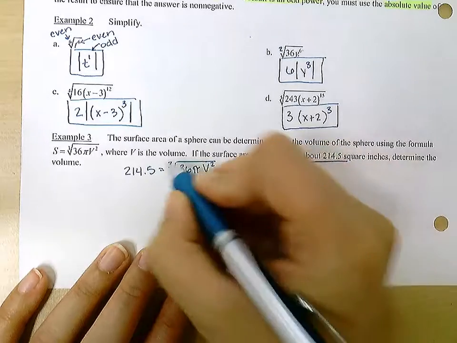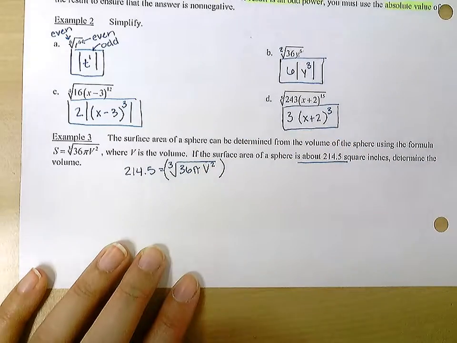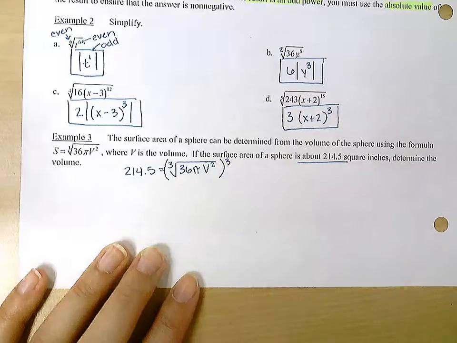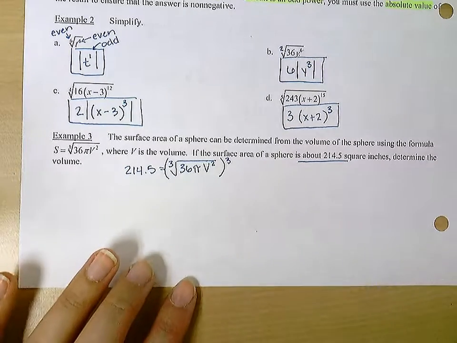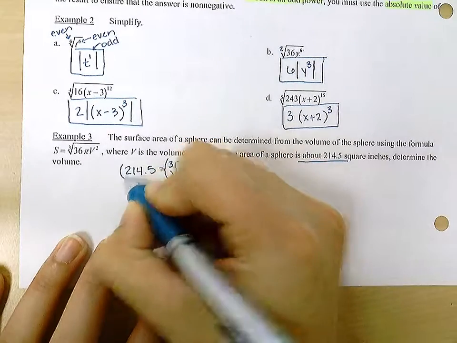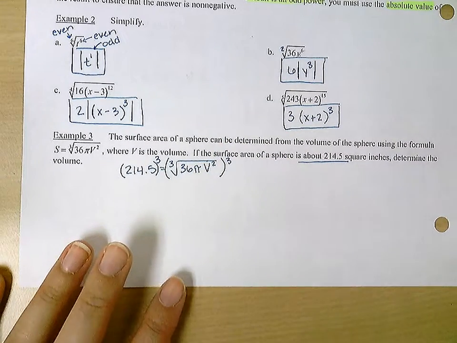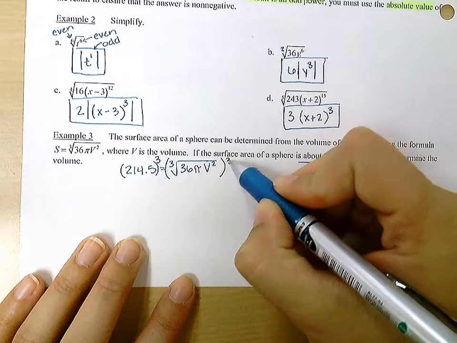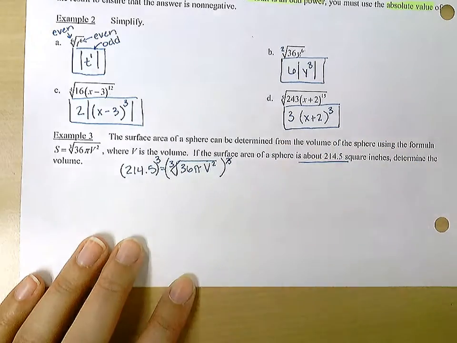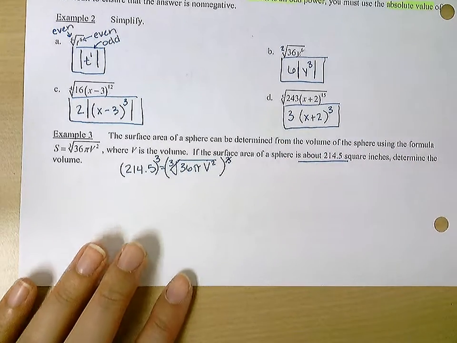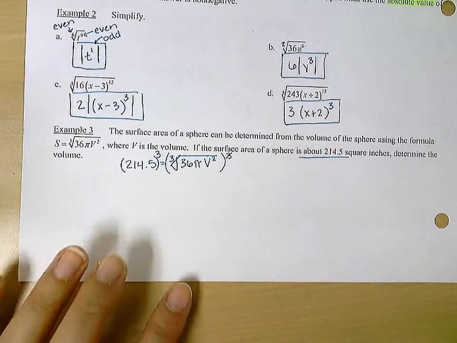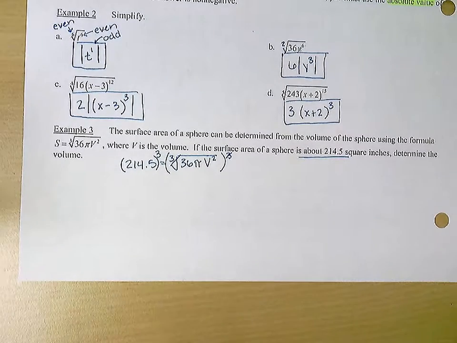So to get rid of this cube root, I'm going to take that whole quantity, raise it to the power of 3. Whatever I do to one side, I have to do to the other. That way this cube and this cube root cancel each other out. Okay, so I have this 214.5 cubed. Yes, that is a very large number.